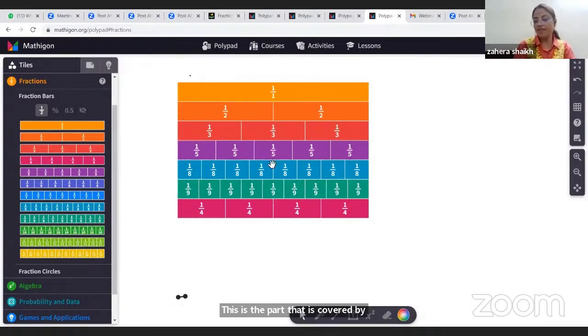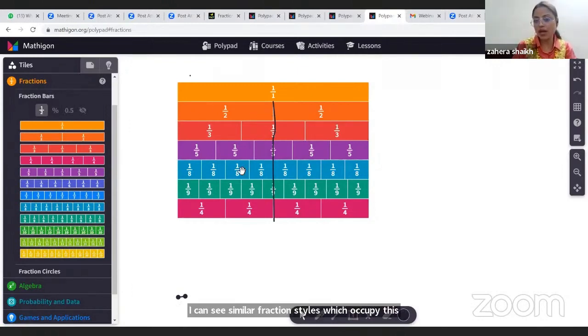Now you have to identify which other fractions fall under this space. So if I have this chart in my class and I ask my children to observe carefully, they can find out by drawing this line like this, and they will say, yes, I can see similar fraction tiles which occupy this space.